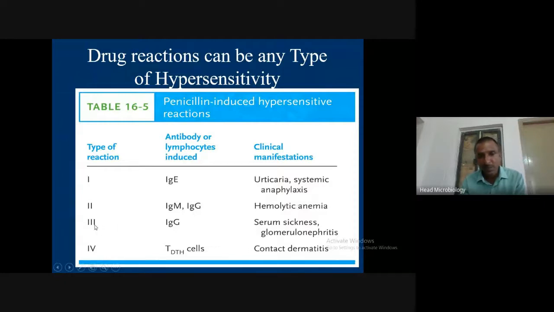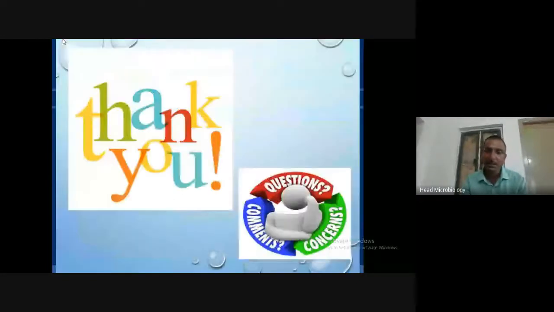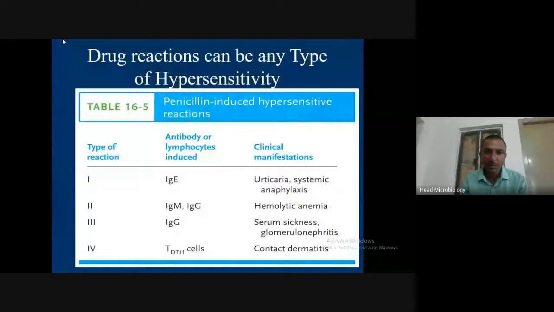In type 3 hypersensitivity, immune complexes lead to serum sickness and glomerulonephritis. And type 4 involves the T cells, TDH cells, with contact dermatitis, and diseases like HIV, different viruses, different long delayed type hypersensitivities, as well as genetic diseases, like hepatitis and different diseases, may be caused by type 4 hypersensitivity.